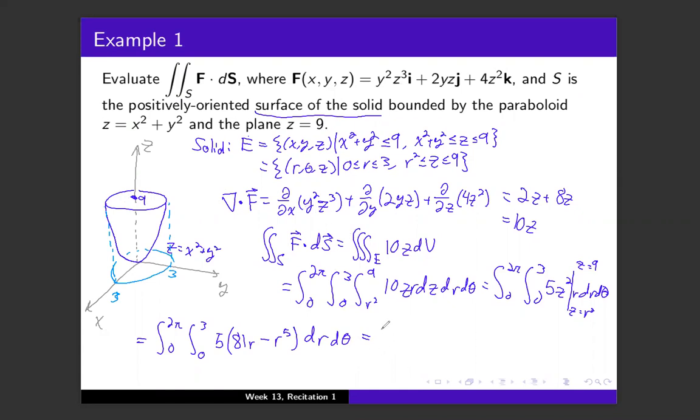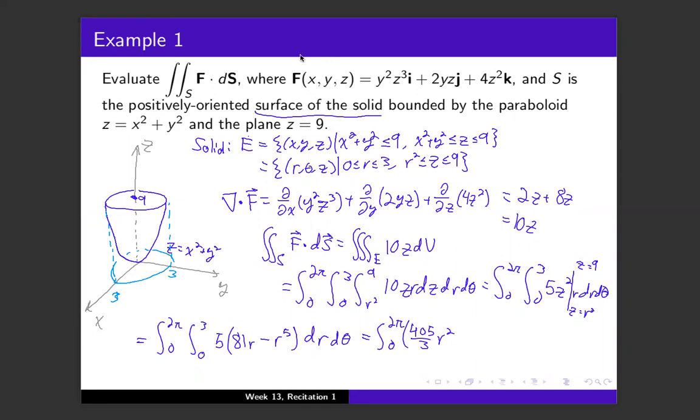This is the integral from 0 to 2 pi of, now in this case, what's 5 times 81? 5 times 8 is 40, so it's 405 over 2, r squared. Sorry, 405 r cubed.